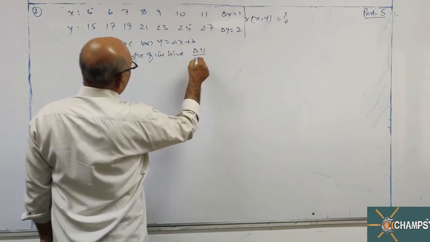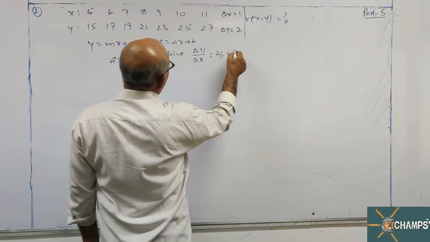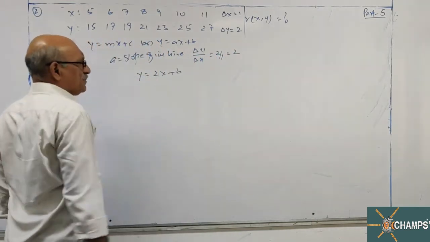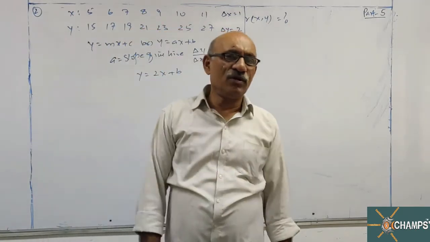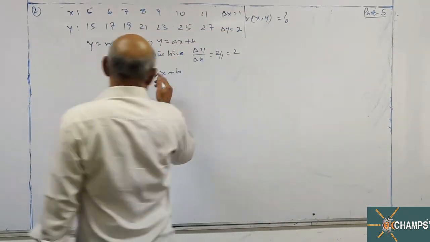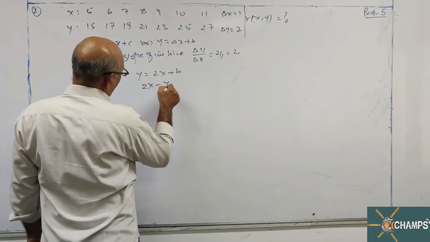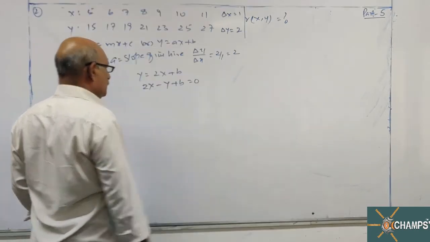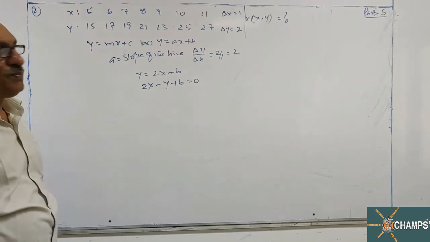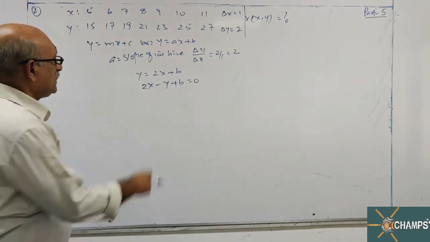This is delta y by delta x, 2 by 1, which is 2. So y is equal to 2x plus b. I am not interested in the value of constant b. You can write this as 2x minus y plus b equal to 0.